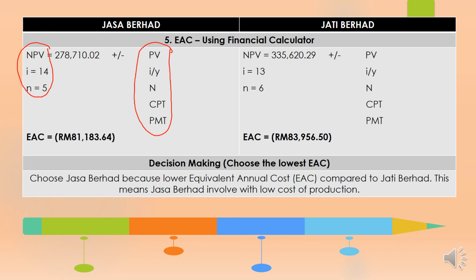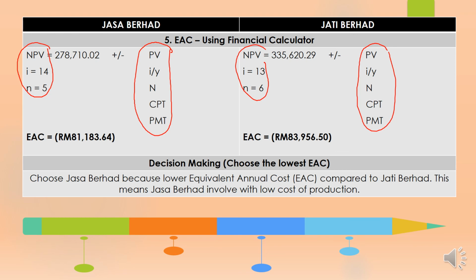And then for Jati Berhad, it follows the same calculation, where we calculate EAC using this command and this information required. So the NPV for Jati is 335,620.29.